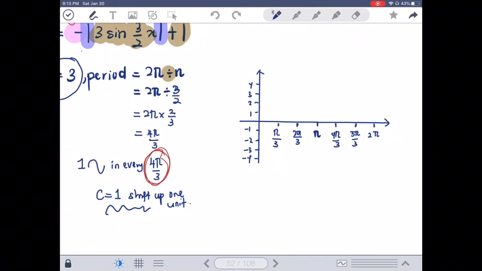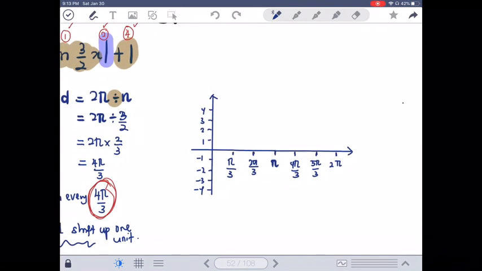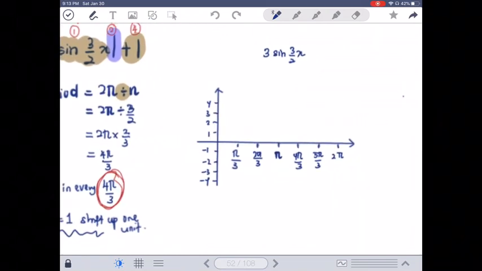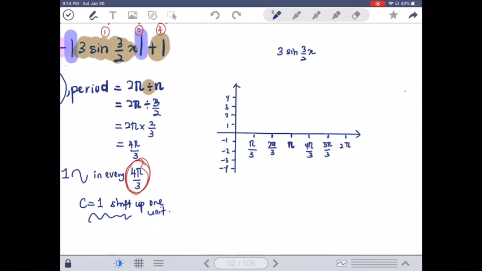Okay, the next one is when we want to draw, like I said just now, we have to start from inside. So we need to draw the 3 sine 3 over 2 x first. And we know that the cycle is 4 pi over 3.